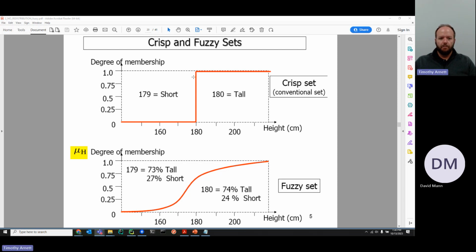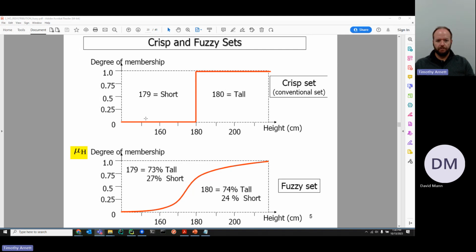So up above, we have this example of a crisp set that is describing tallness, and then another one describing short, even though we don't see this short set being described explicitly. Whether someone is tall or not is being determined by this representation, where once they reach 180 centimeters, we'll say that they are tall.